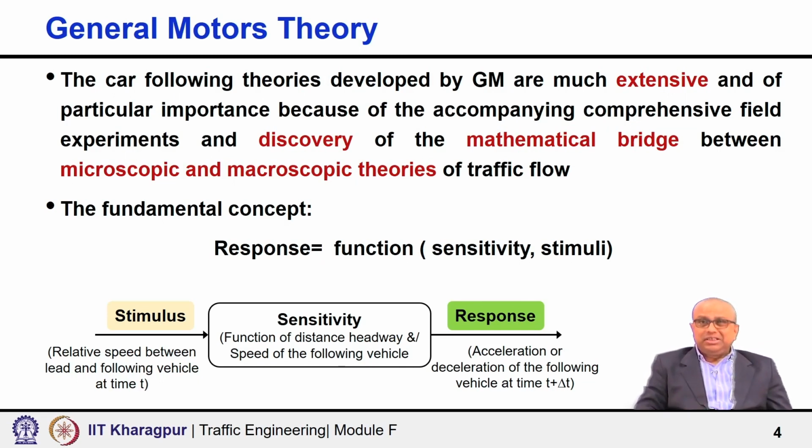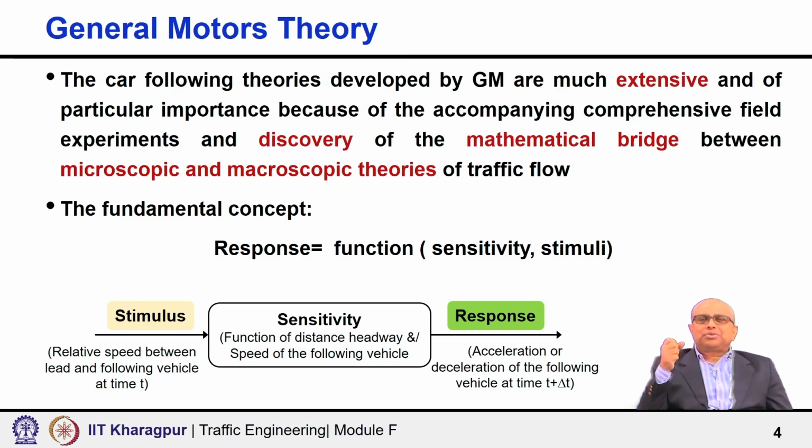That is really the core strength of the General Motors model, and the discovery of the mathematical bridge between microscopic and macroscopic traffic flow. You have seen in the earlier two models what kind of assumptions we made and what the real basis was for developing the car following model.